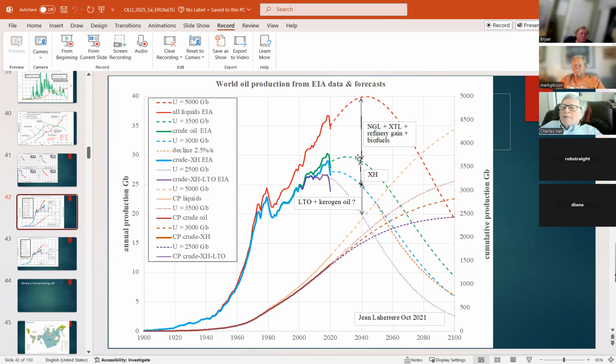You add in the heavy oil in Canada, the tar sands, and you add in what's called natural gas liquids. Natural gas liquids are when you take gas out of the ground and you release the pressure, liquids come out.